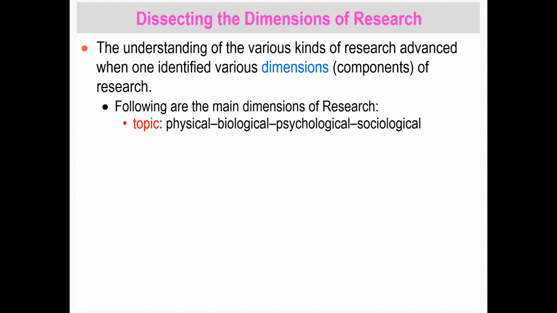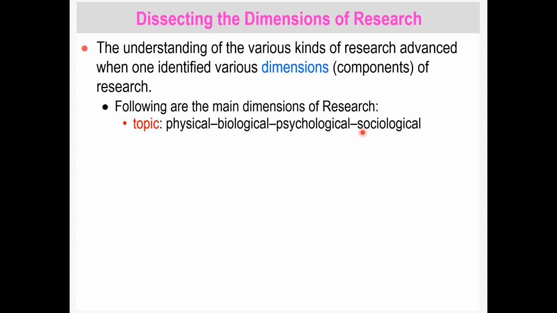First of all, you select the topic of your research, and remember that the topic varies with respect to the field. For example, your field might be physical sciences like physics, computer science, or chemistry. It's possible that you might be working in the biological sciences, so your topic might vary. Similarly, you might be working in some other field, psychological or sociological sciences.